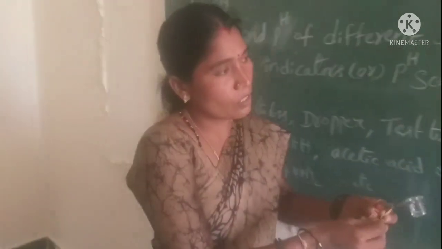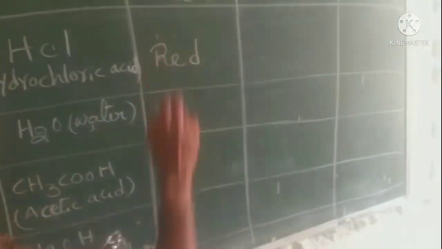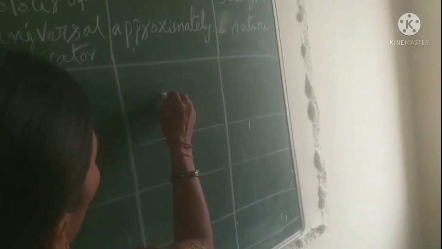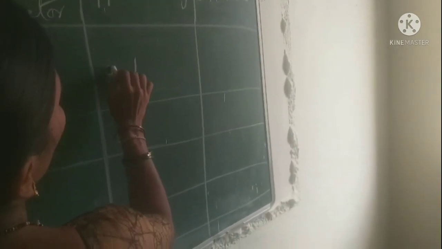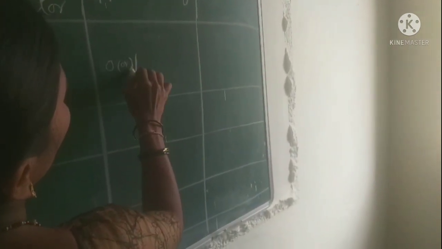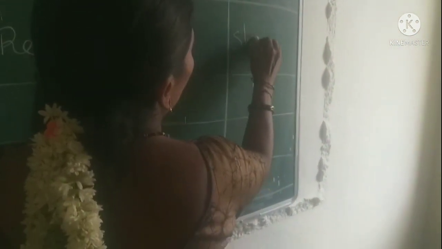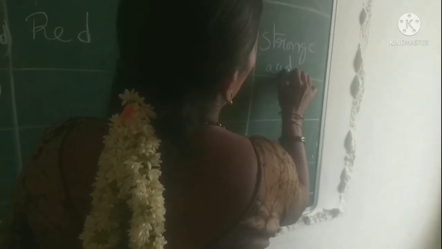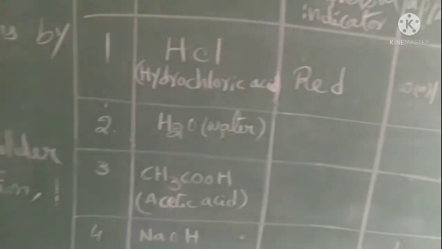HCl color is red. The color of the universal indicator is red. The pH value is approximately 0 or 1. The strength is strong acid.